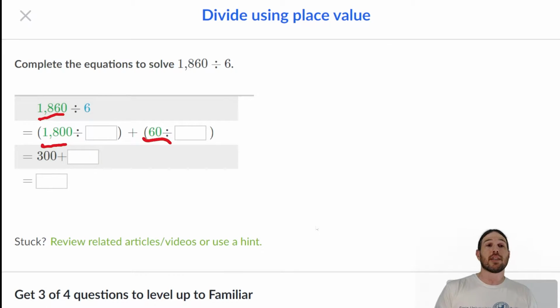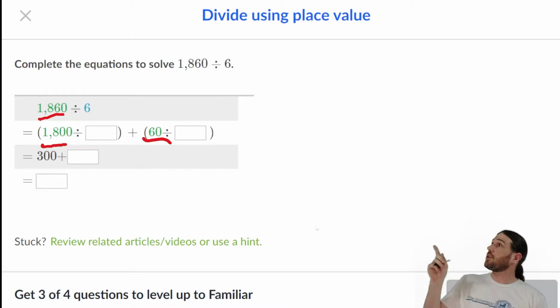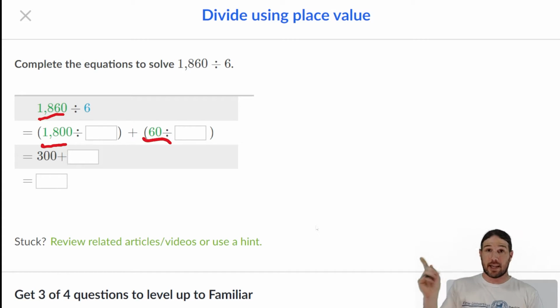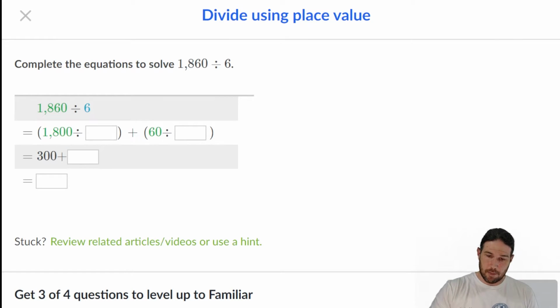What we are doing is we are distributing the division between two numbers that are more easy to divide by 6. 1800 divided by 6 is nice and easy. 18 divided by 6 is 3, so we get 300. Let's go ahead and jump back over and plug that in.